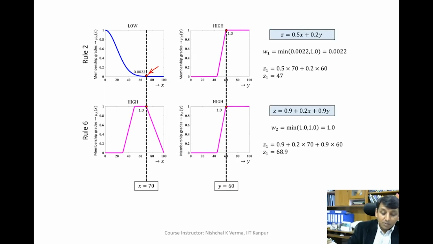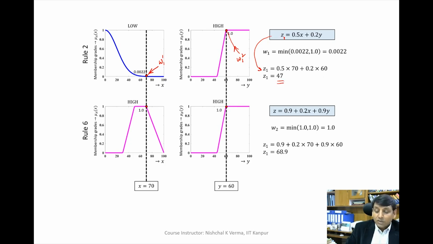Now we apply the input x equal to 70. So W11, let's say. Similarly here, this is W12 for the second antecedent, y equal to 60, and then the corresponding output here is Z1, and by just substituting the values of x and y, this comes out to be 47.